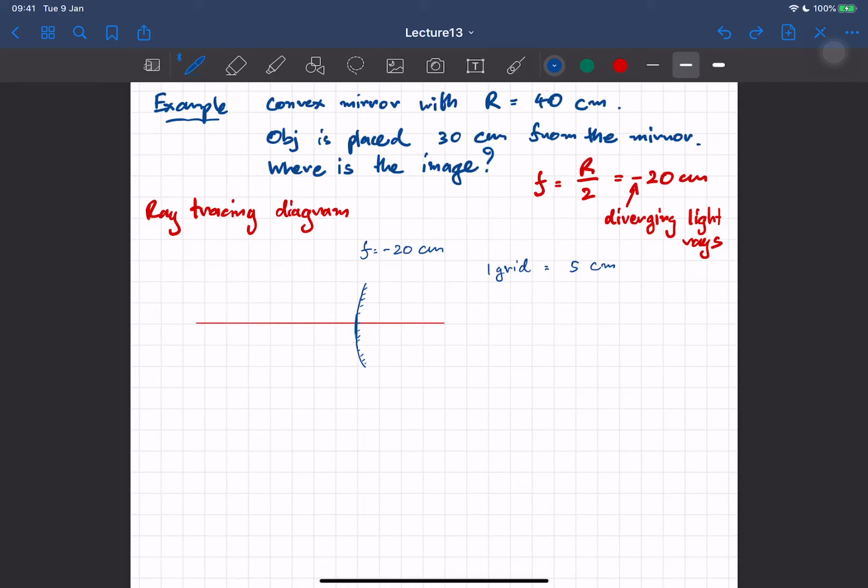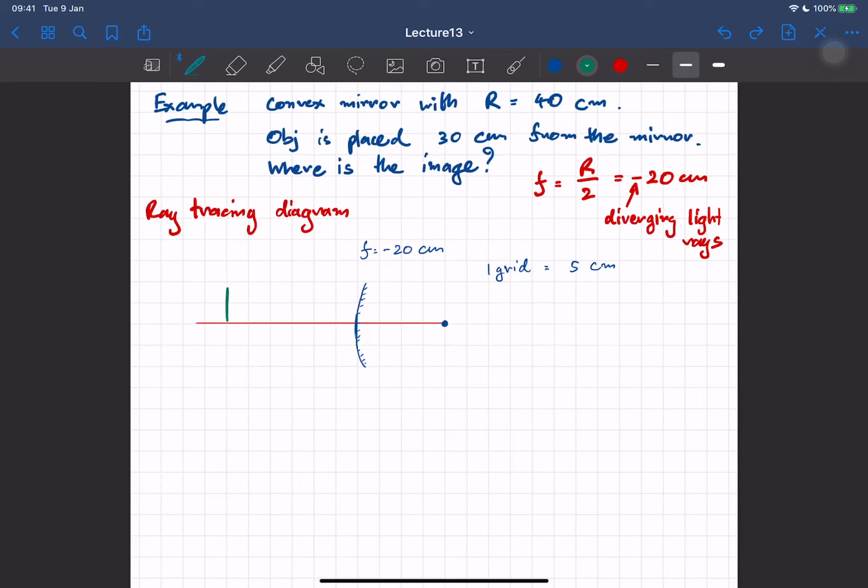So let's first indicate where the focal point should be. The focal point is 20 centimeters, so each grid is 5, so it should be 4 grids. So 1, 2, 3, 4, it should be here. And then the object is 30 centimeters away from the mirror. So the object is 1, 2, 3, 4, 5, 6 over there.